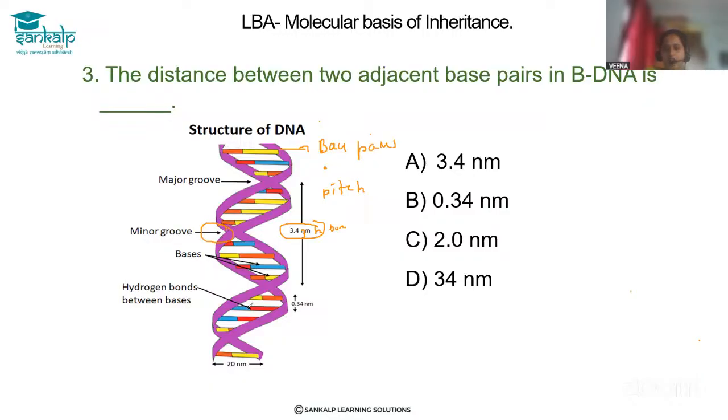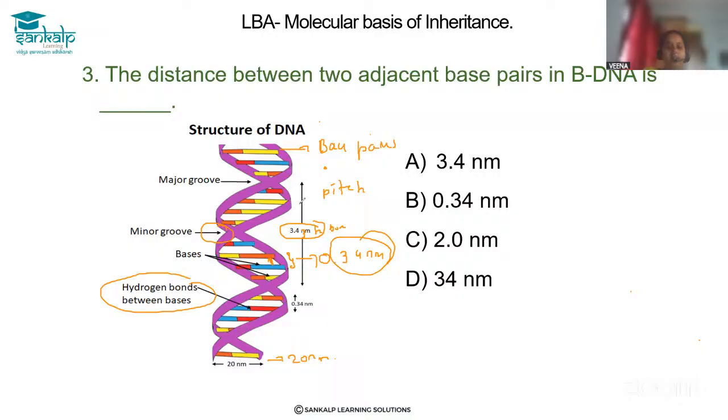Between the bases, hydrogen bonds are present, and the width of the DNA is 20 nanometer. Okay, 20 nanometer. So here they are asking the distance between the adjacent base pairs. So here these are adjacent base pairs.